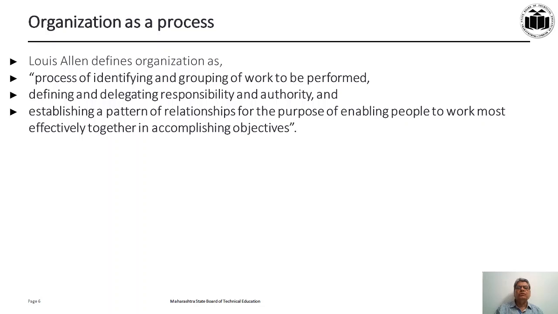You may be confused about the difference between structure and process. When I say process, that means doing that thing. When we appoint a person at a position, we delegate the responsibility and authority. So the process of delegating responsibility and authority is expected here.